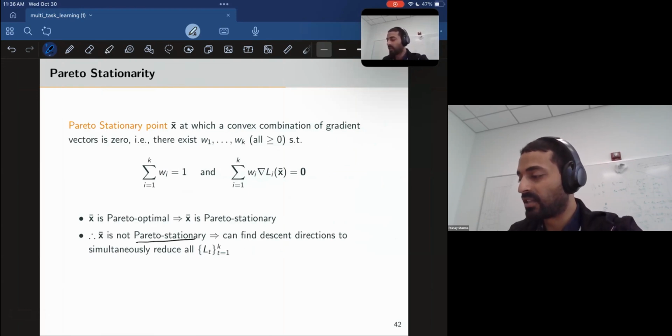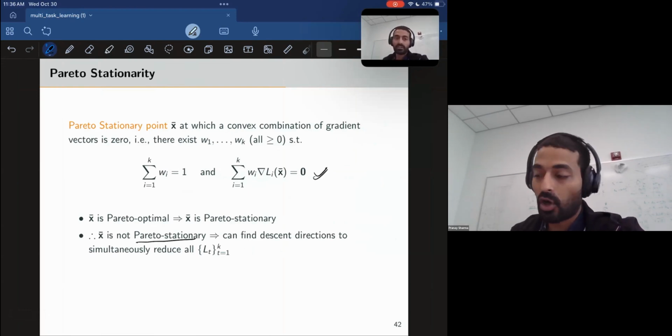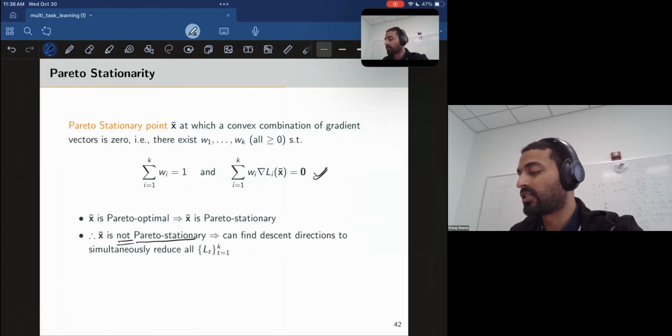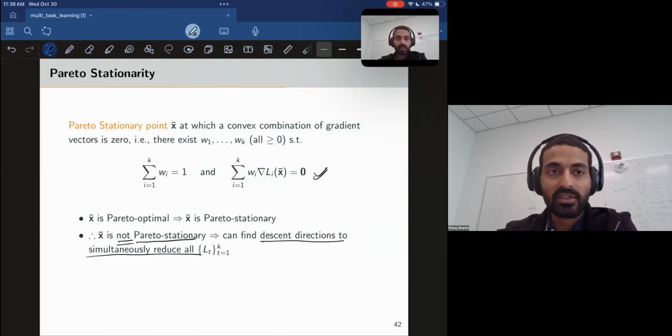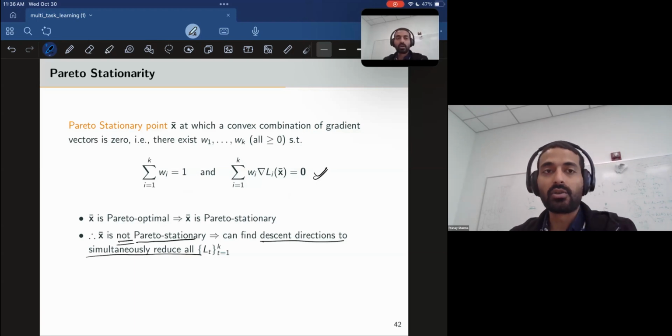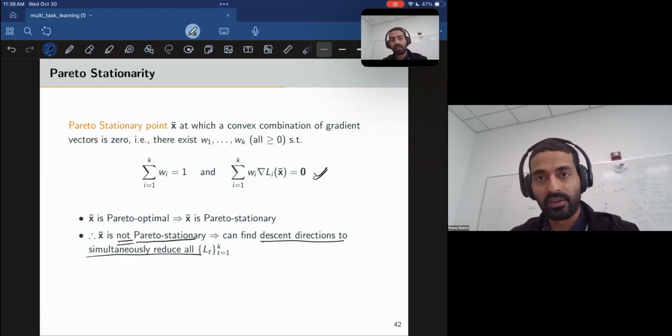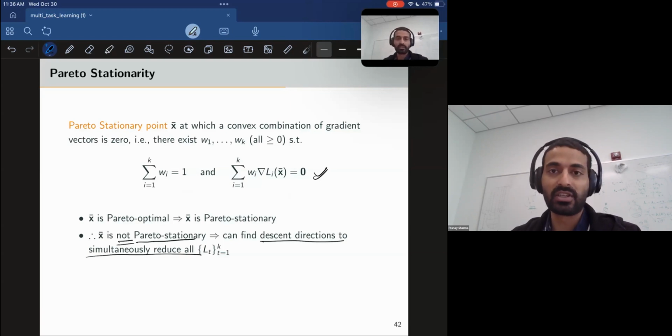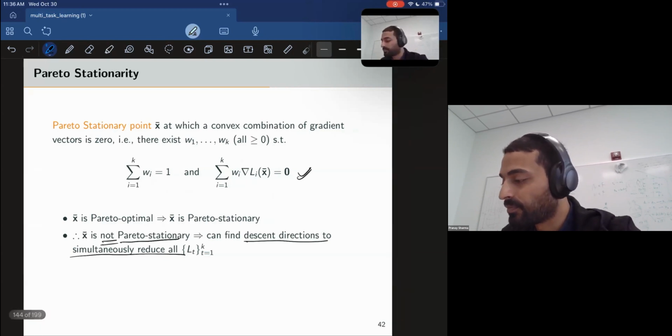If it's not Pareto stationary, then we can find descent directions to simultaneously reduce all the losses. So either you are at a Pareto stationary point, or you can simultaneously reduce all the losses, right? So again, this is a good check for Pareto stationarity. Can you simultaneously reduce all the losses? If not, then you might be at a Pareto stationary point.